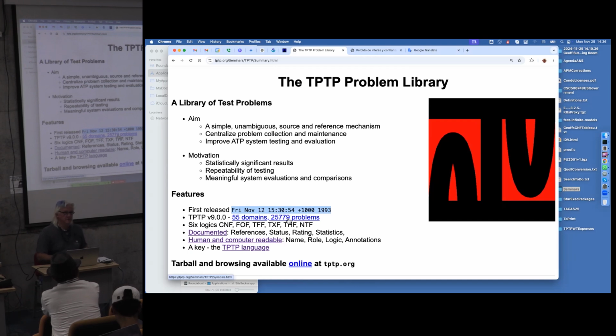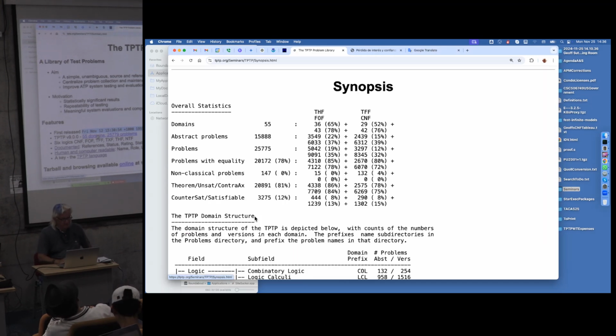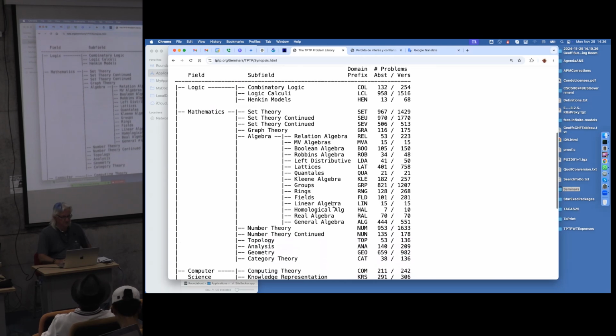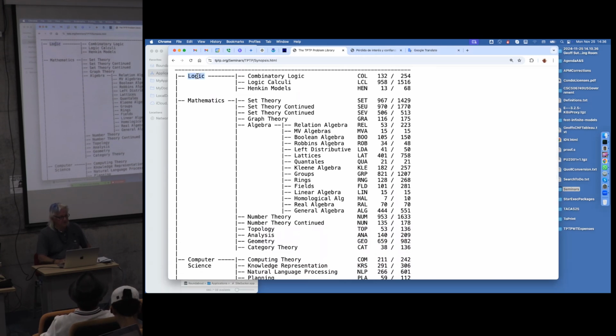And this is good. When you're developing software, you must do testing. We know this, computer science people, you must test your software. And so, what sort of test problems? Let's just look. We have problems in logic, all right, different types of logic.